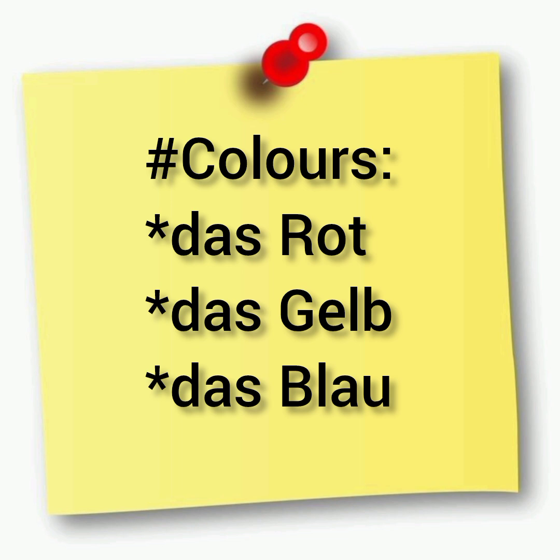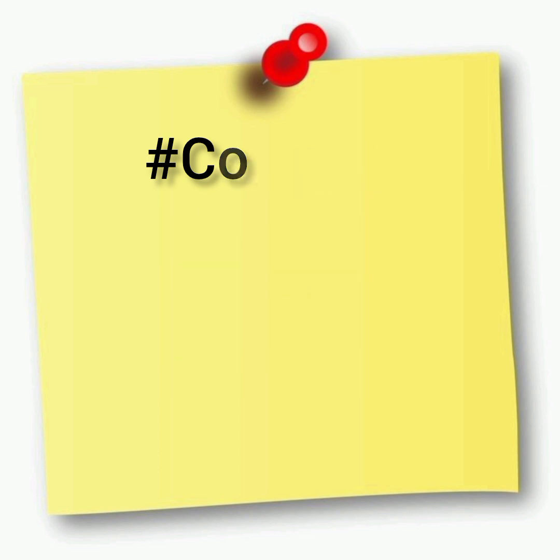Das Rot is like saying the red color. Das Rot. Das Gelb, and then das Blau. So these colors are considered neuter. Das Rot, das Gelb, das Blau. Okay? Okay, let's carry on to the next point.